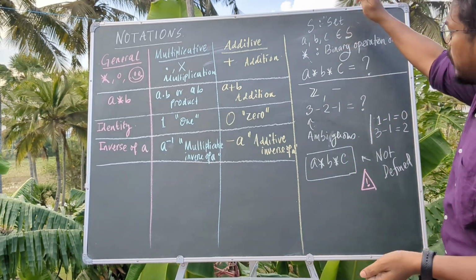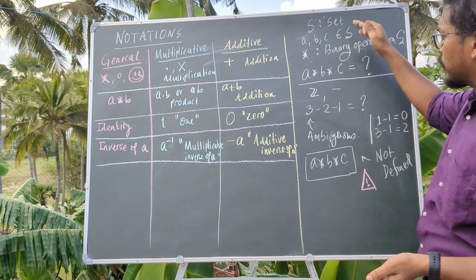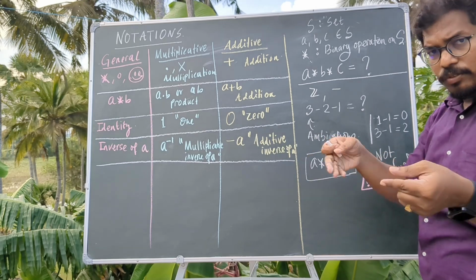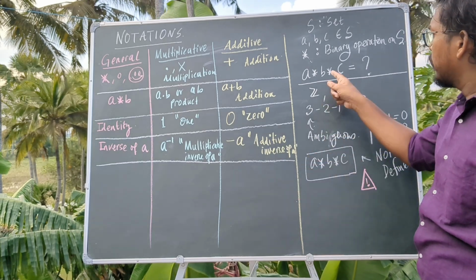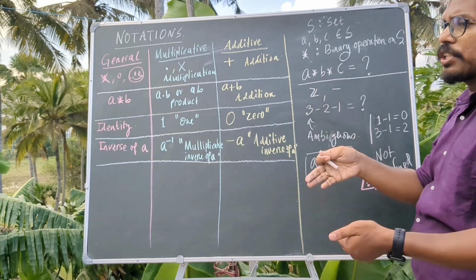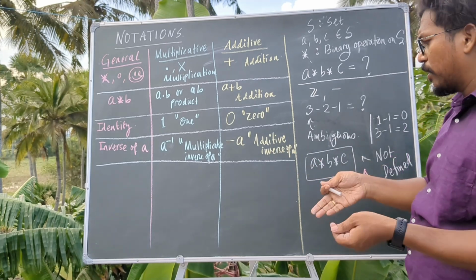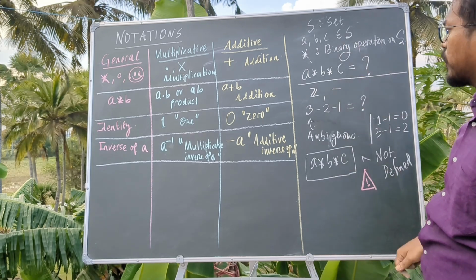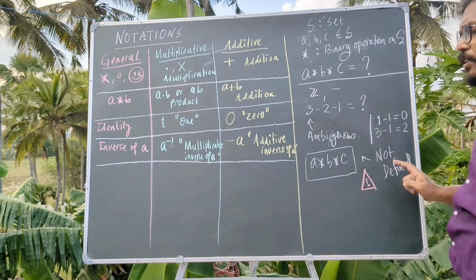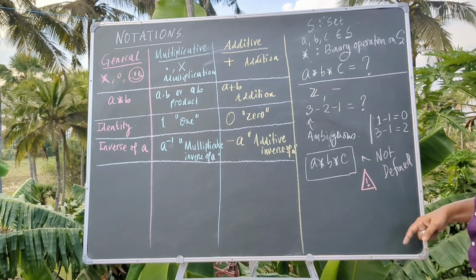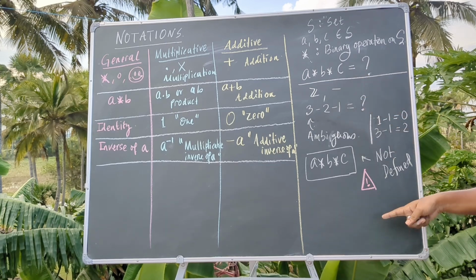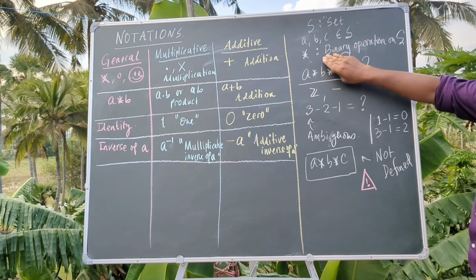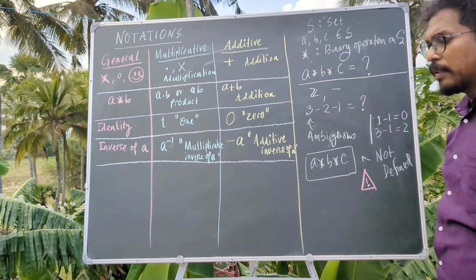For any set, any random set, for any binary operation, if we have been given multiple elements with no parenthesis, no braces, and we have been asked to find A star B star C, or A star B star C star D, any 4 elements operated with the operation star, that is not defined. Note it down. I will erase. So this is not defined for a random set and for a random binary operation.